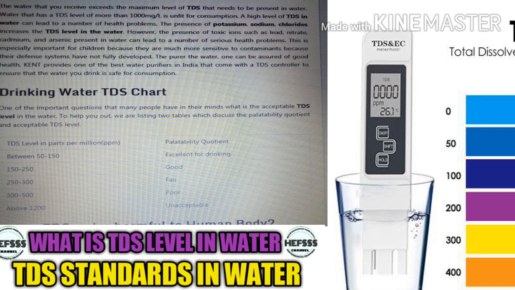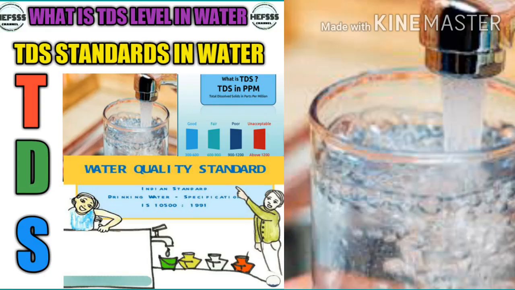And one more very important topic: why and how do we reduce or remove TDS in water? Number one, the reverse osmosis process, then distillation, and deionization. Reverse osmosis removes the TDS by forcing water under pressure through a synthetic membrane.